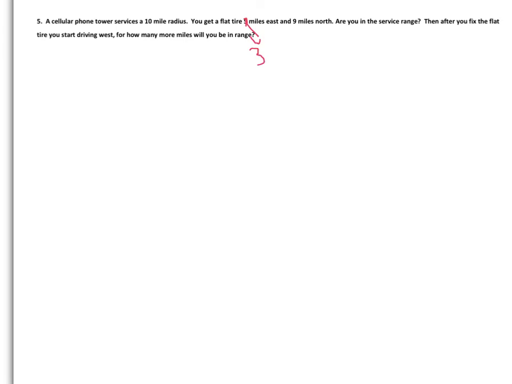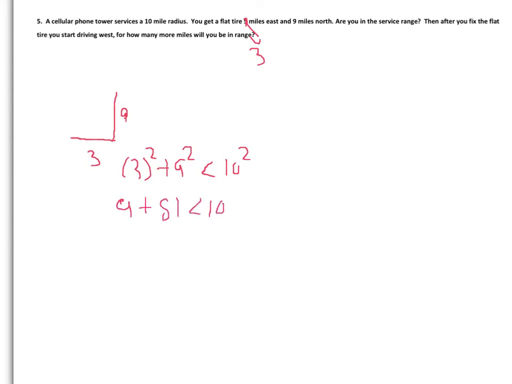So we went 3 miles east, 9 miles north, so we have to say, is 3 squared plus 9 squared less than 10 squared? So 9 plus 81 less than 100. Is 90 less than 100? Yes. Okay, so we fixed it.